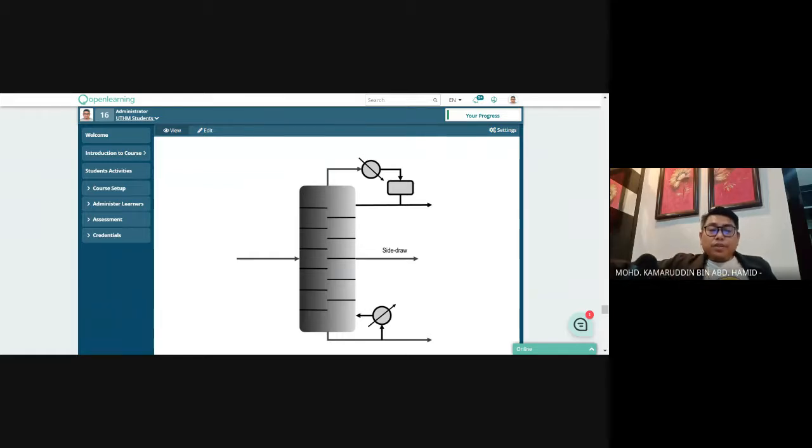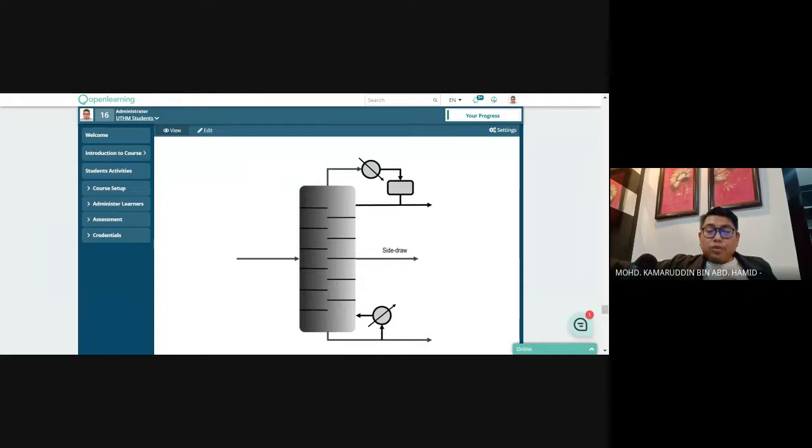So why do you need to reflux it back? Because that is to maintain the mass balance. First thing, once you do modeling, you need to understand this: some of the liquid needs to be refluxed back to maintain the mass balance. Once you're able to maintain the mass balance, then your model is stable.